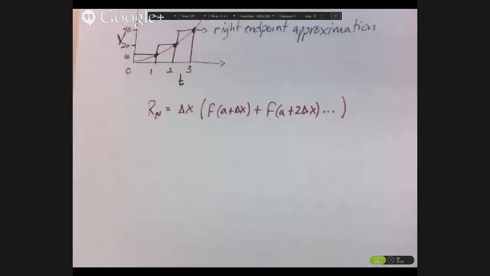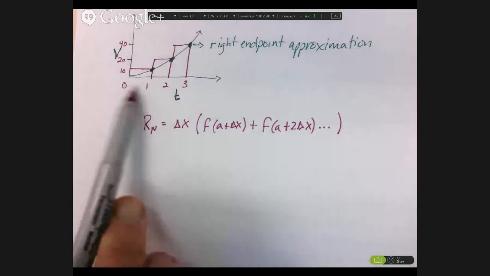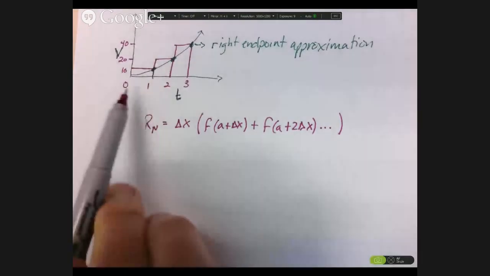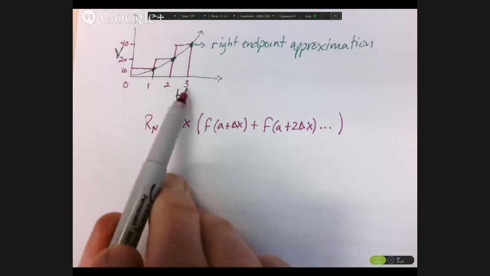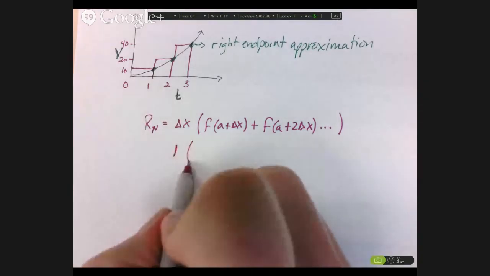Okay, what's the change in our x value here? No, it's our time, but what does that change by on my graph? By 1, right? So that's the change in x. 1.